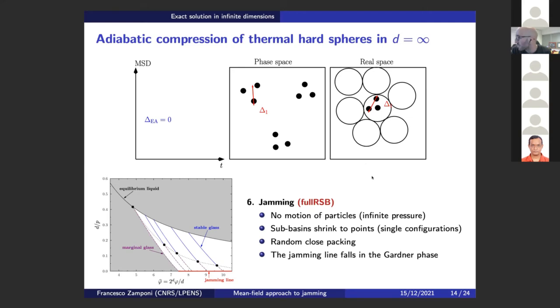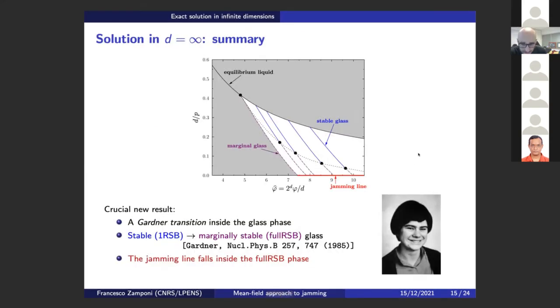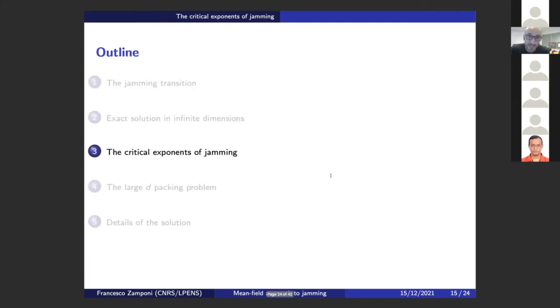Why this is important, I'm going to explain in a second, but let me summarize. In this infinite dimensional solution, when you take hard spheres and you compress, you have first a liquid, then you get a normal glass, but then the glass breaks into this kind of spin glass state inside the glass, which is characterized by full RSB, and it's marginally stable, and finally pressure diverges and you reach jamming.